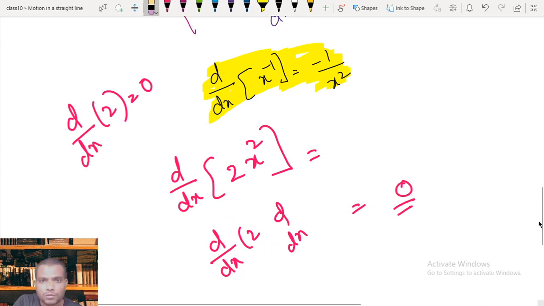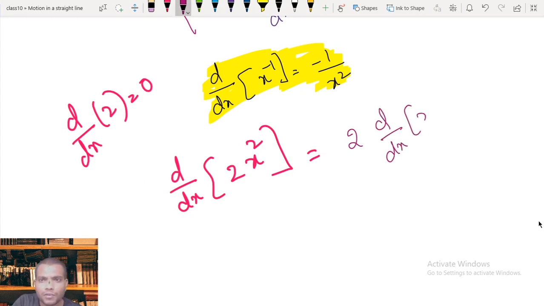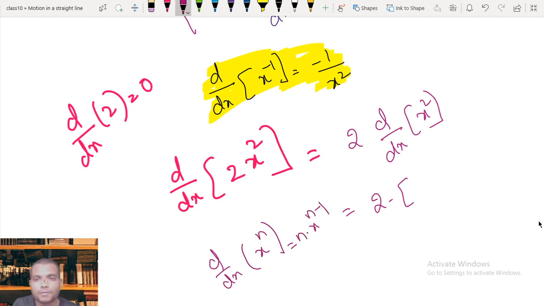But what we can do is rewrite this expression like this. The 2, which is a constant, cannot be differentiated, so I can write the 2 outside, and do the differentiation for x square separately. So we write 2 times the differentiation of x square, and again use the same formula: d by dx of x power n goes to n into x power n minus 1.